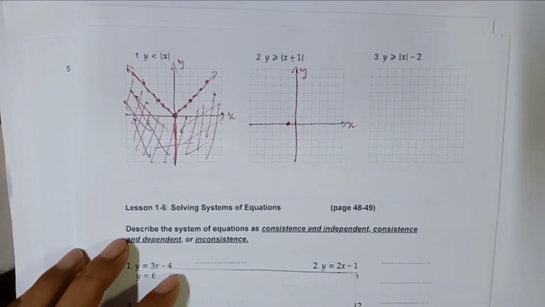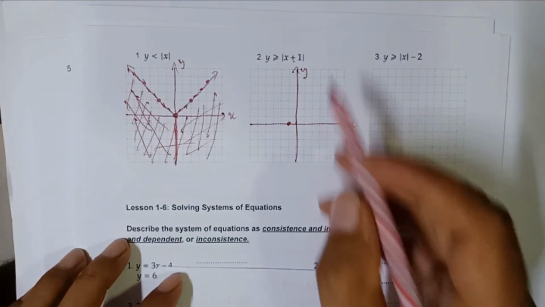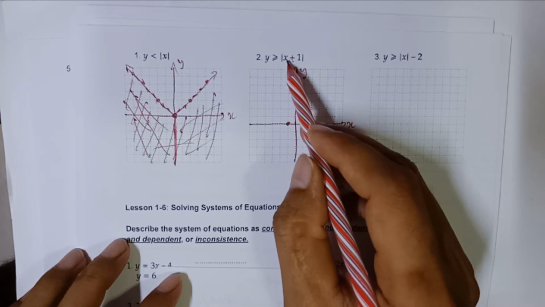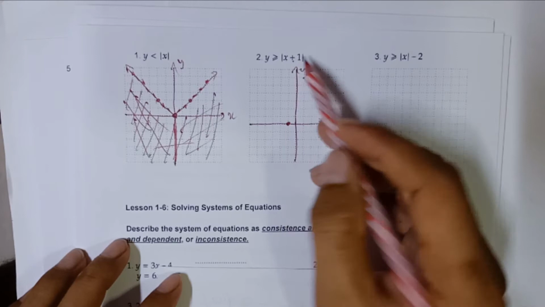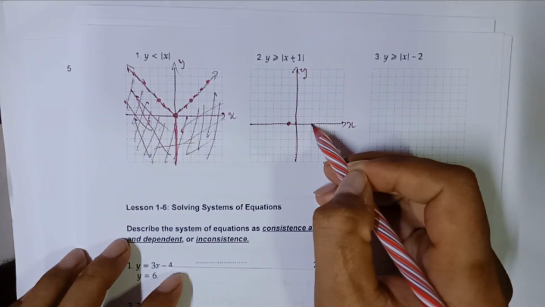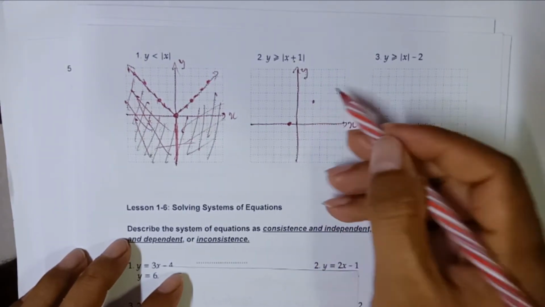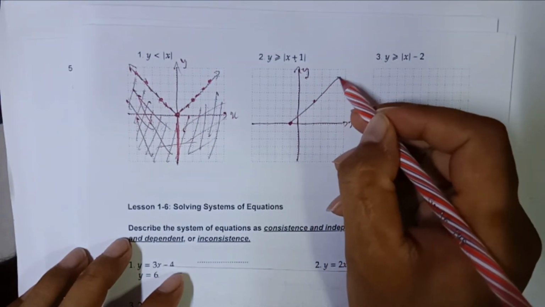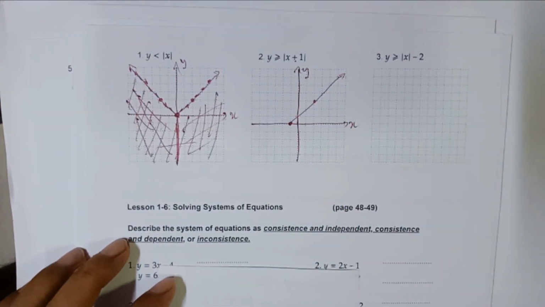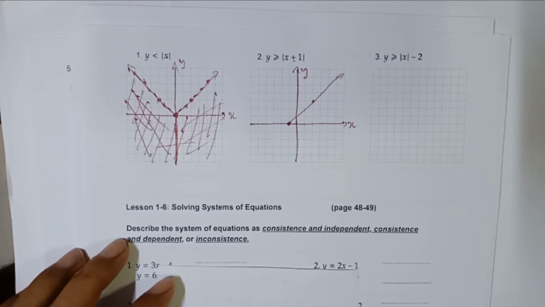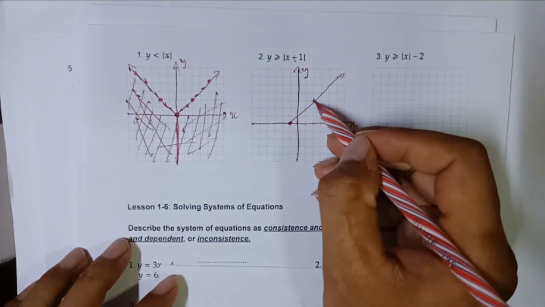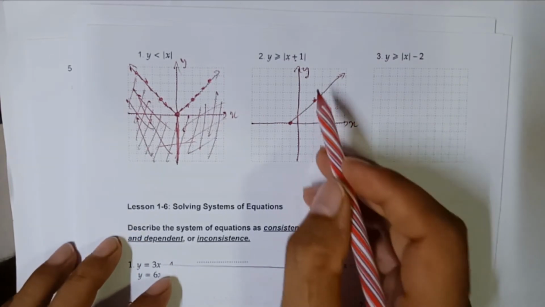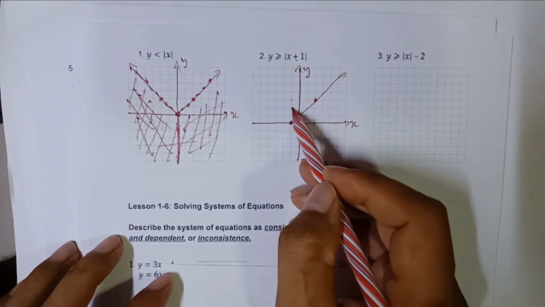Now to get another point right here, if x is 2, y is 3. So x is 2, y is 3. Okay, I have one like this. Now I have one side of this one already. Now to form a perfect V shape, I will do the same thing because this is the middle point.